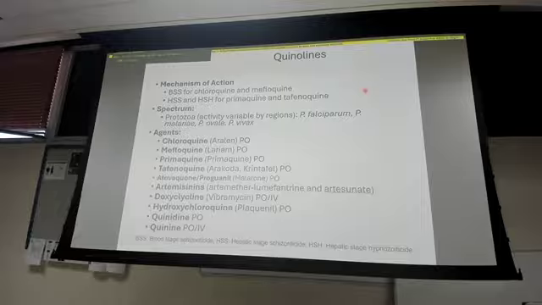So your two BSSs are chloroquine and mefloquine, and then your HSS and HSH are primaquine, and tafenoquine, which another group has. Alright, so the spectrum, these are going to cover all the plasmodium for malaria.